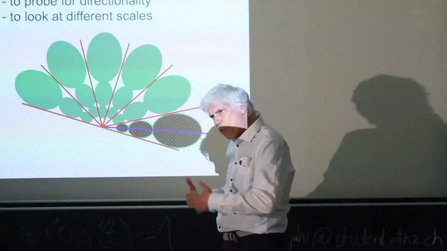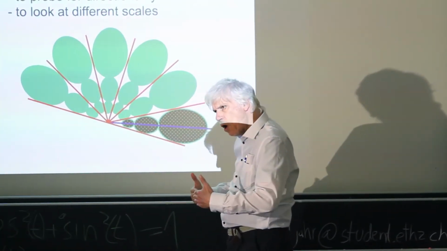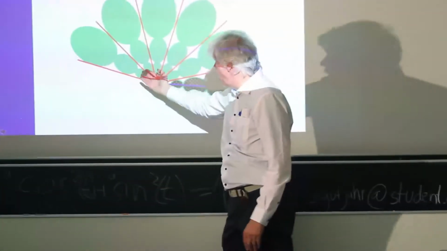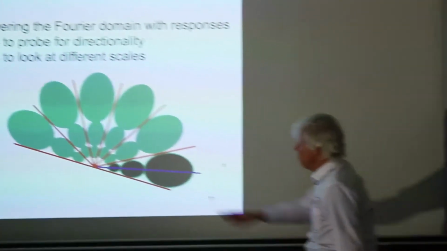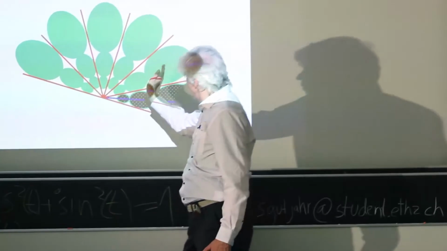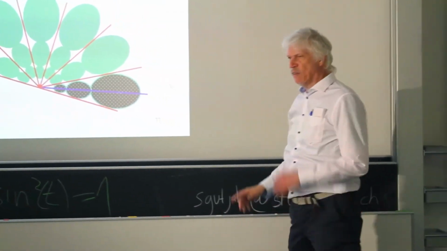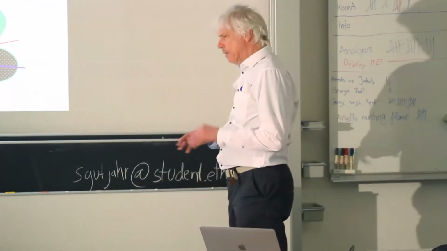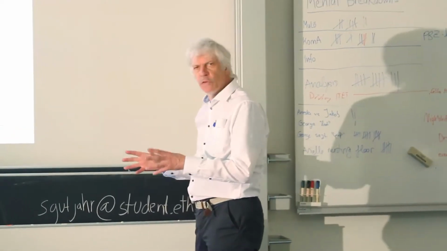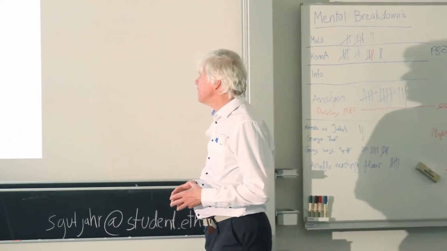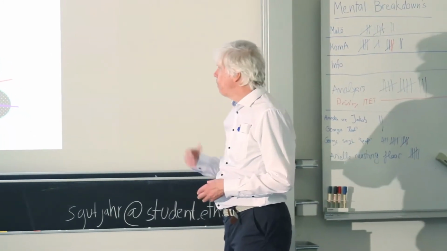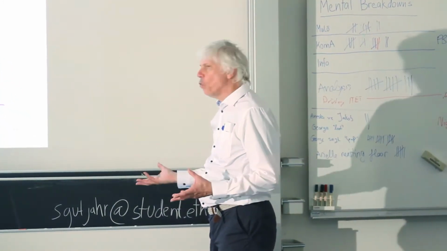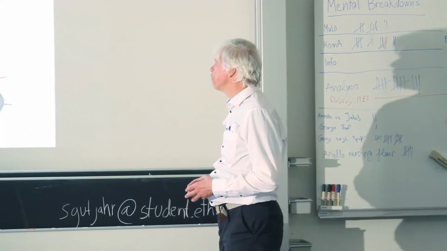They correspond to the same orientation of the cosine with different frequencies, lower frequencies and higher frequencies. And you do that in different directions. So we are in fact back in this exercise of sampling different parts of the spatial Fourier space so that we can say things about directionality, periodicity, coarseness, and so on.